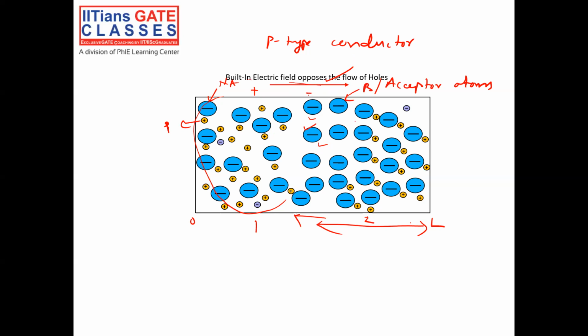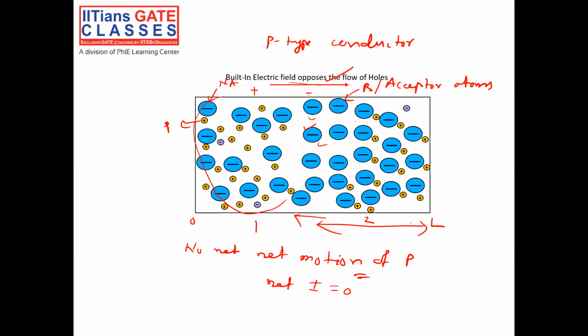This process will keep continuing until the opposition force due to the built-in electric field is equal to the concentration gradient force. In steady state, what will happen? There will be no net motion of holes, because the built-in electric field is opposing the motion, so the net current will be equal to 0.